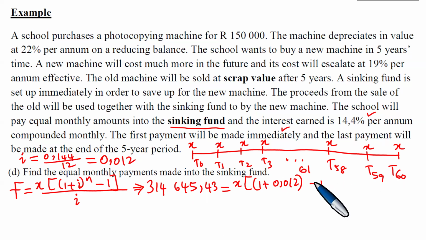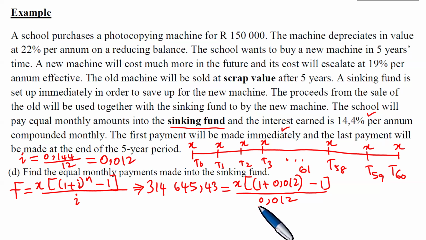The +1 rule applies, and we divide everything by 0.012. With this mentioned, we proceed and want to solve for X.